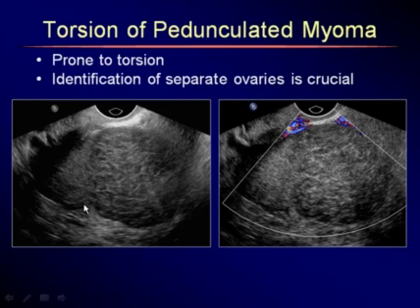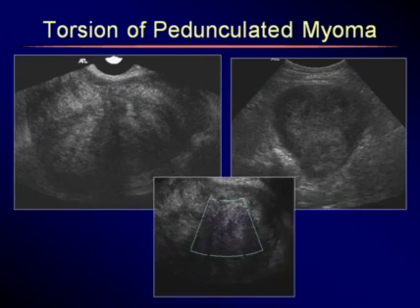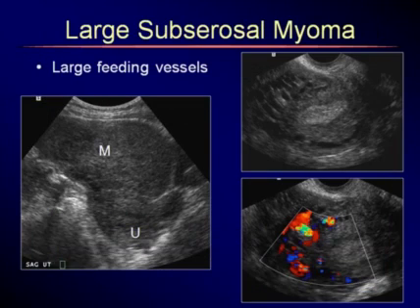Ovaries were separate. There was no blood flow in this mass, very tender. Patient goes to surgery, and it is a torsed pedunculated myoma. Another patient, large myoma, no internal flow, now it's extremely tender, has to go to surgery. It's a torsed myoma.